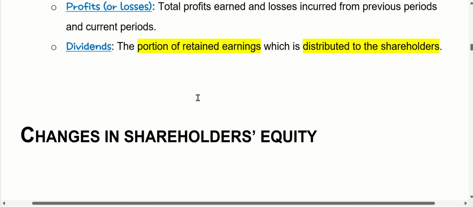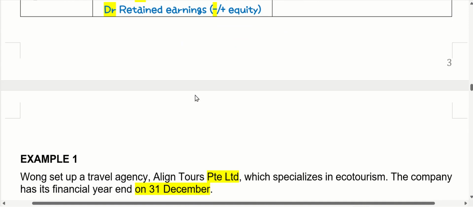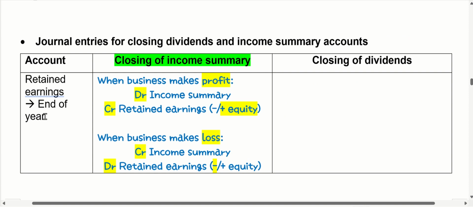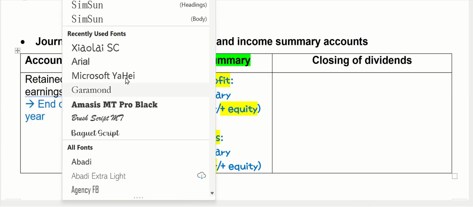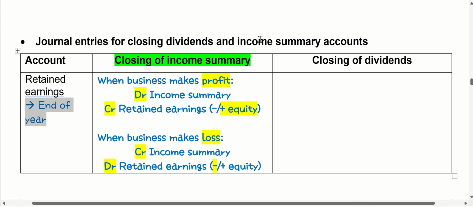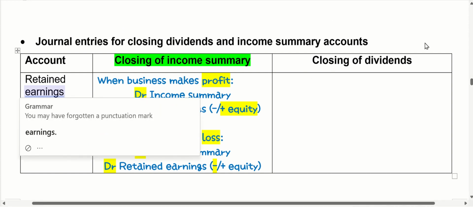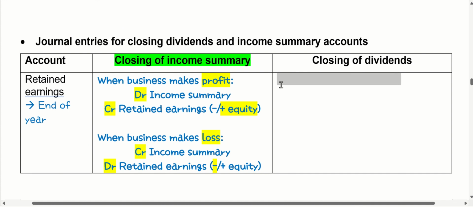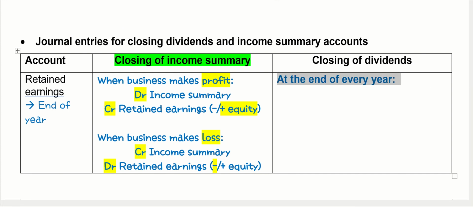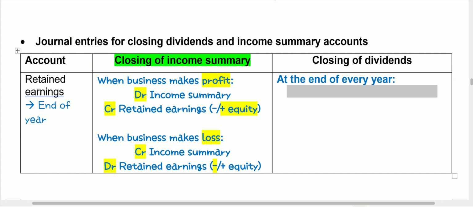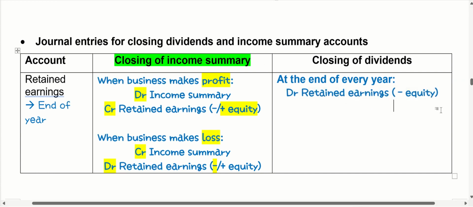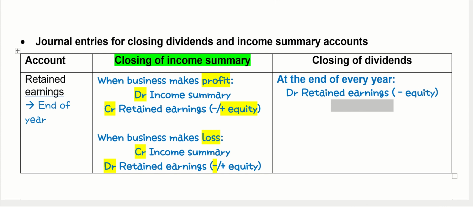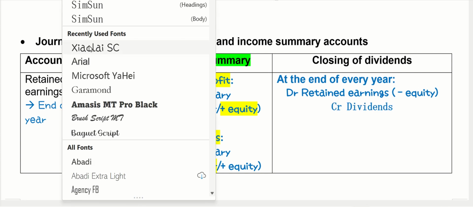And when you transfer your dividends into the retained earnings, these are the double entries. Firstly, when do you do it? You do this at the end of the year. You transfer all the dividends at the end of the year, and we say closing of dividends to the retained earnings. So what do you do? At the end of every year, you record a minus dividend and a minus retained earnings.